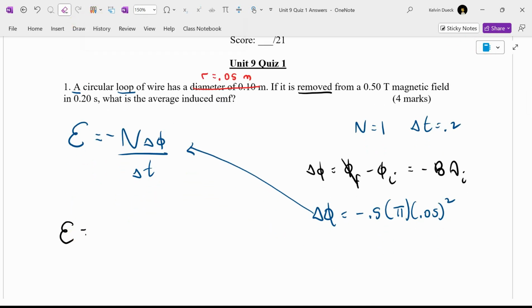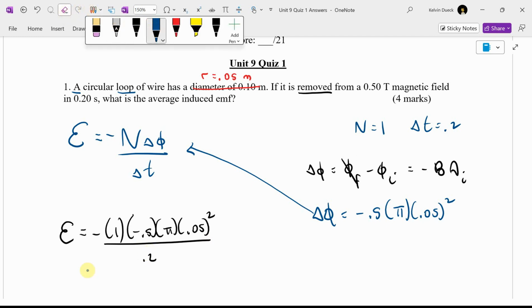The induced EMF is going to be negative. I'll write the 1 just to let you know I did count the number of loops. The change in flux is going to be negative 0.5 times pi times 0.05 squared divided by 0.2.